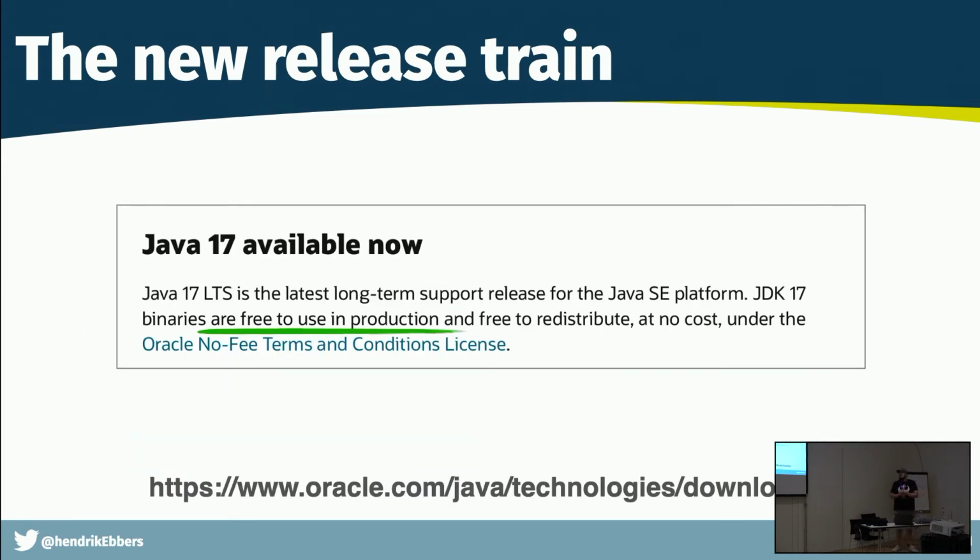Next to this, as some of you might have seen, starting with Java 17, Oracle again changed their plans and licenses. After the release of Java 11, they changed their license to one that does not allow you to use the Oracle JDK for free in production. With Java 17, again, they changed their license to allow the JDK 17 binaries of the Oracle JDK to be used in production.